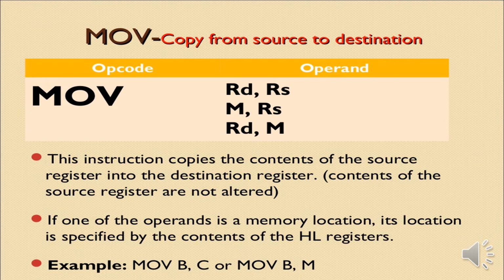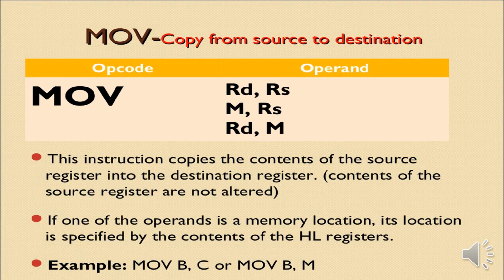For example, MOV B, C and MOV B, M. MOV B, C is a register to register copying instruction. MOV B, M is a memory to register copying instruction. Here in MOV B, C, the C register acts as the source register and the B register is the destination register. But in MOV B, M, M is a memory location that acts as the source, and B is an 8-bit destination register.